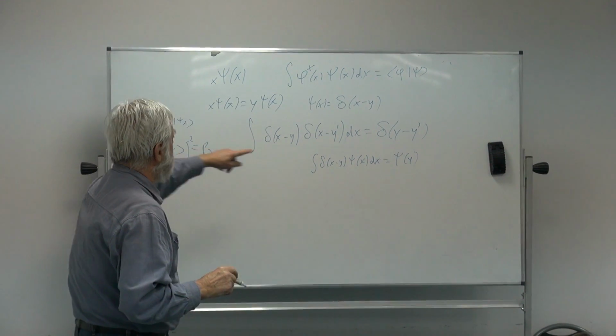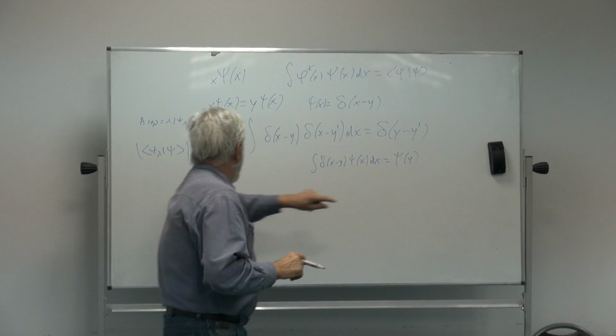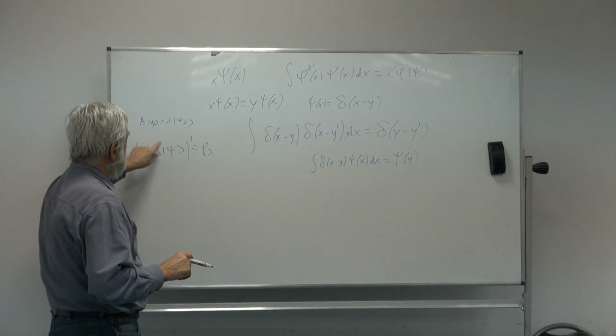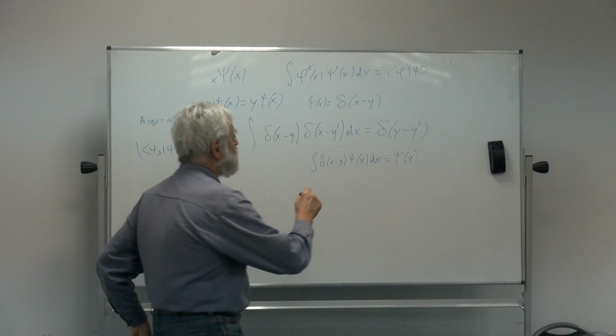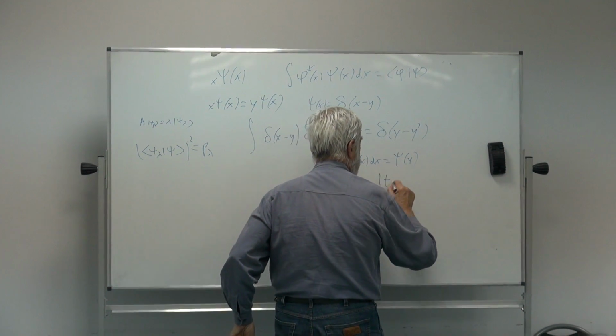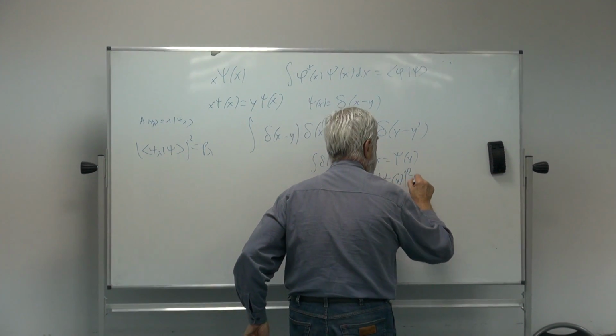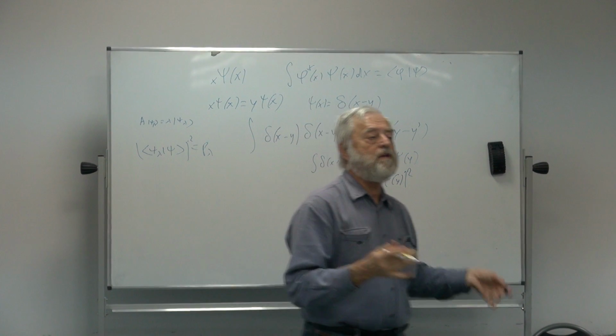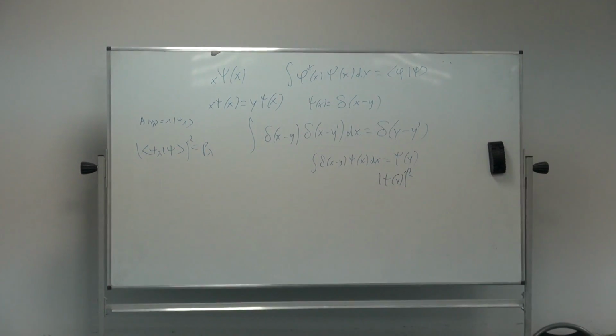The square of the modulus of psi of y should be considered the probability of finding the value y of a position.